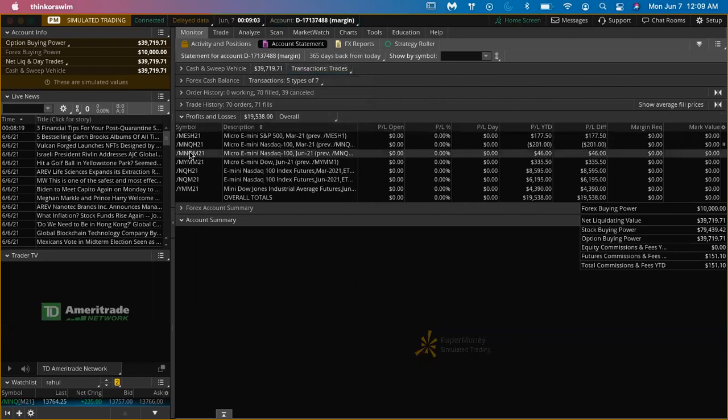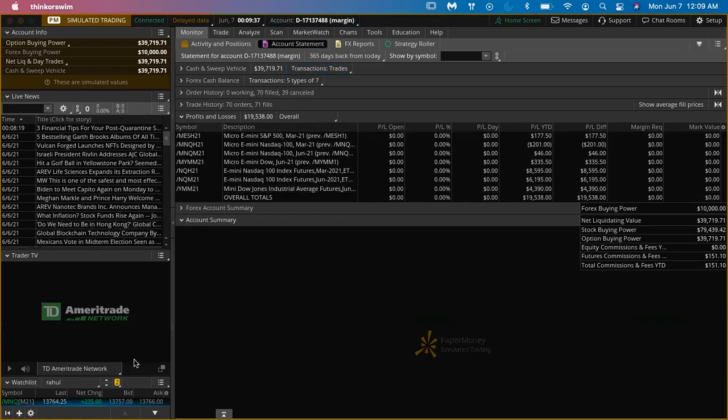You will see I mostly traded on Nasdaq and Dow Jones, these two indexes. Sometimes I traded on, if you see this, YM means Dow Jones, right? NQM means Nasdaq, right? And all the indexes that start with M mean micro lots, right?